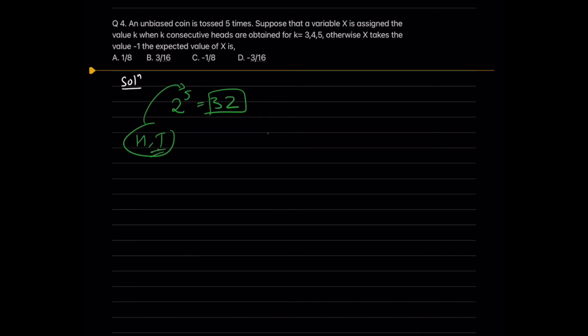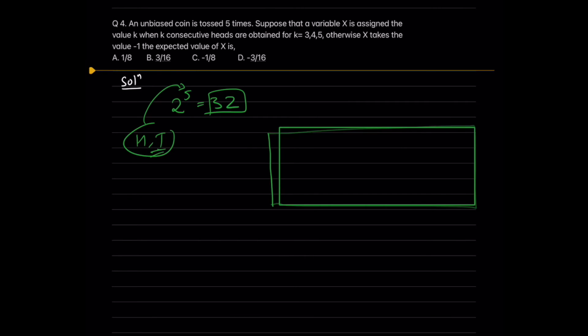Now we can make a rough table over here. In this table, the first row is for the number of heads, which can be 0, 1, 2, 3, 4, 5. Actually this is the total number of consecutive heads.